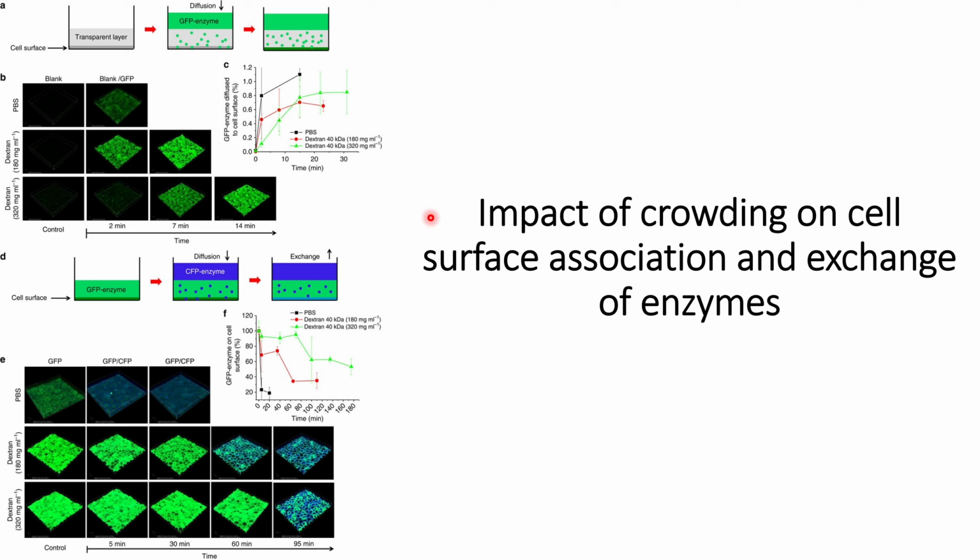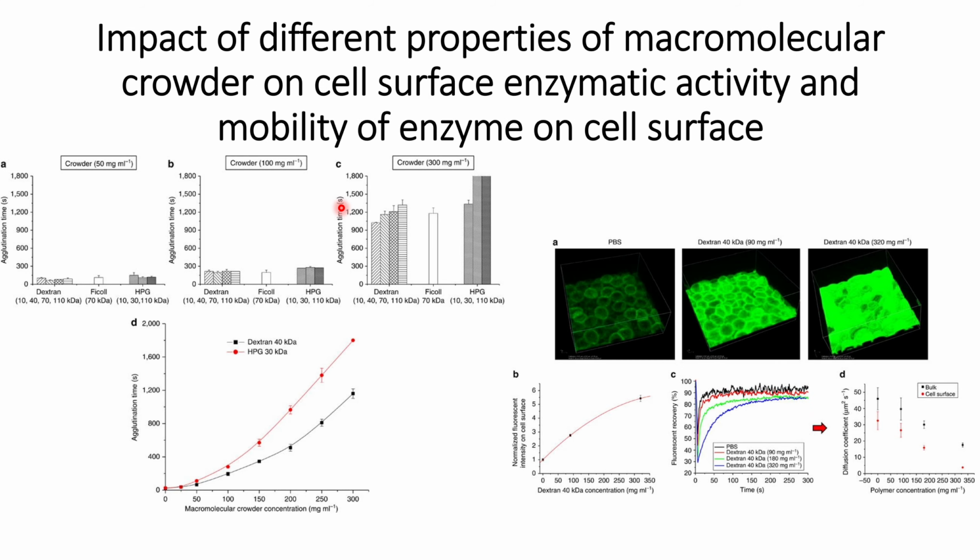From the previous experiment, they identified that with an increase in concentrations, they are able to reduce the mobility of the enzymes on the cell surface. That can be seen here, where the diffusion coefficients go down.